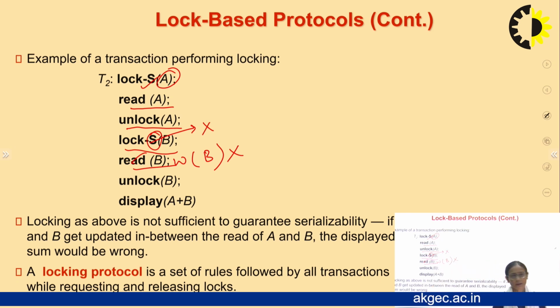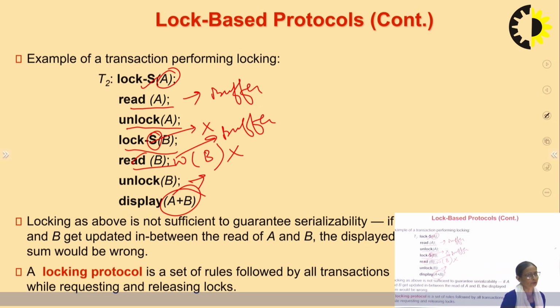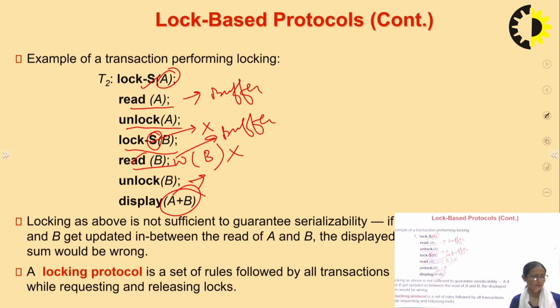You unlock it. Now what is happening here? You are storing A in the buffer. Here again you are storing the things in the buffer, and here you are doing the calculation on your buffer, not on the database. Locking as above is not sufficient to guarantee serializability.